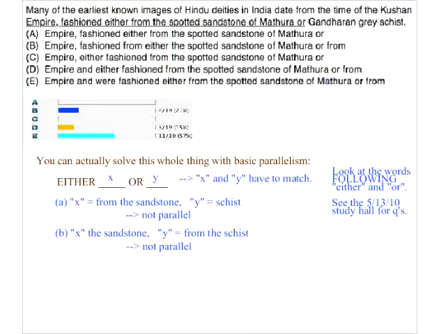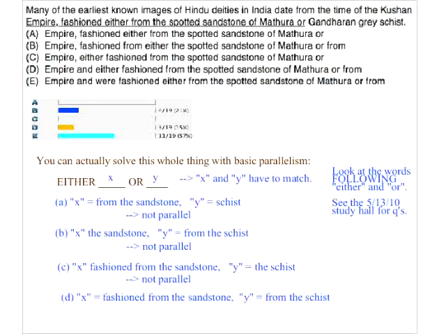C, the words following "either" are "fashioned from," and the words following "or" are just the schist. So not parallel. In D, the words following "either" are "fashioned from" again, but the words following "or" are just "from the schist." That's not parallel.